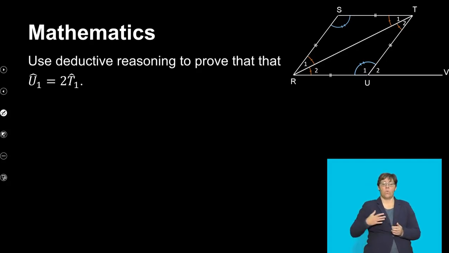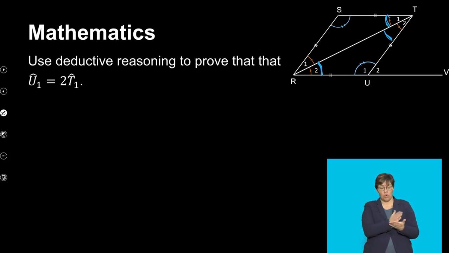Now, if we want to use deductive reasoning for this, I want to prove that U1 is equal to 2T1, which is the same as T1, this angle there, which is the same as 2R2, which is also the same as that one there, 2T2.